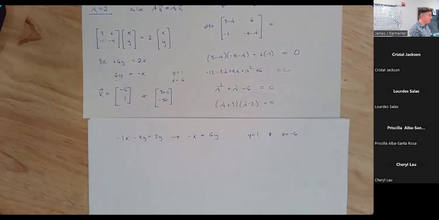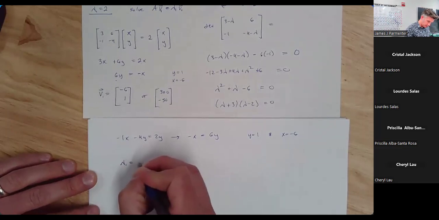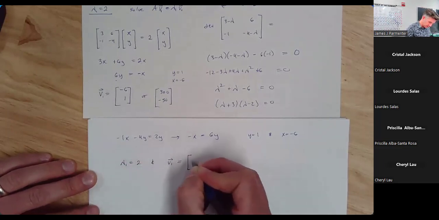Both equations should give you the same results. Sometimes there's a rare exception where one equation doesn't help you and the other just gives you what you need. But the equations will never disagree with each other. So in this case, we'd say for lambda 1 equal to 2, the eigenvector v1 is the vector negative 6, 1.